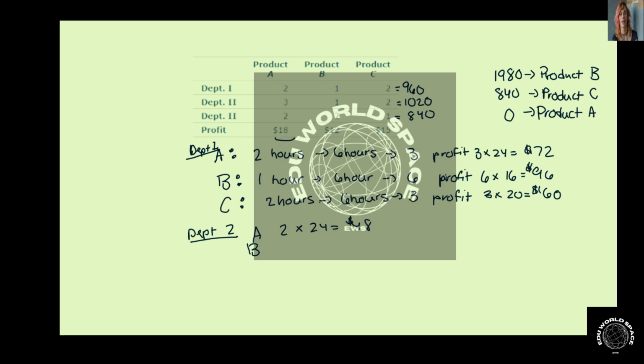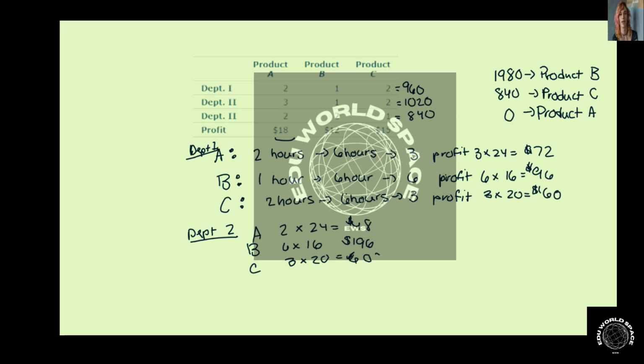B, the profit is the same as department 1 since the cost per unit is equal, so the profit is $96. And then C, the profit is the same as department 1, so 3 times 20 is $60.